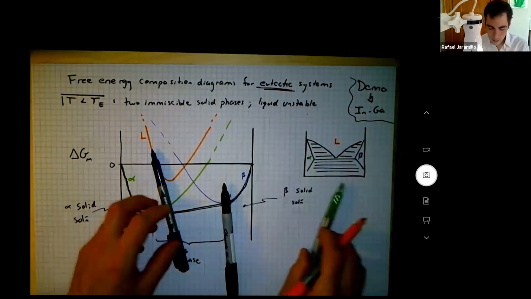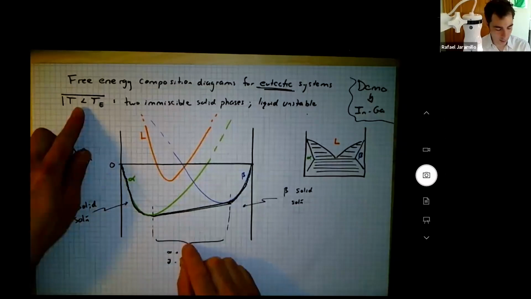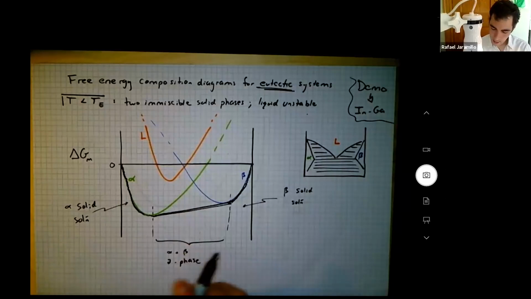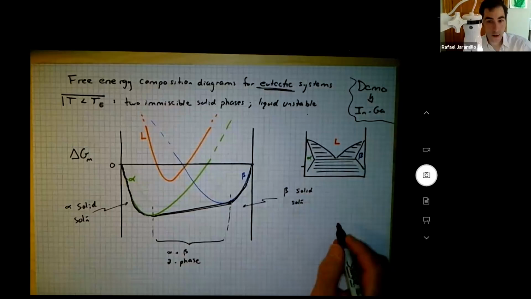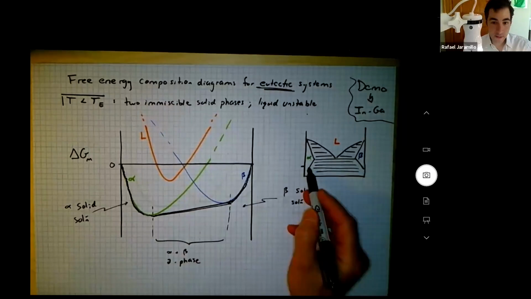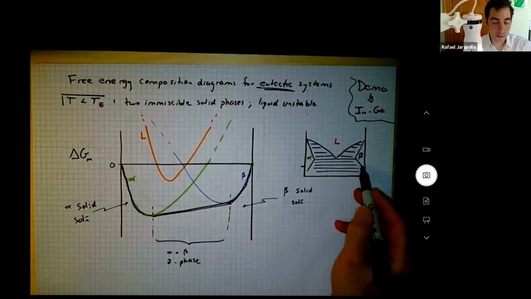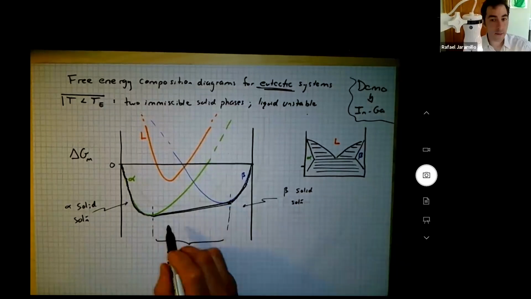So at temperatures below the eutectic, I am going to be where? I'm going to be somewhere like here. Right? You see I have an alpha phase solid solution, then a two-phase region, and then a beta phase solid solution. Alpha, two-phase region, beta.